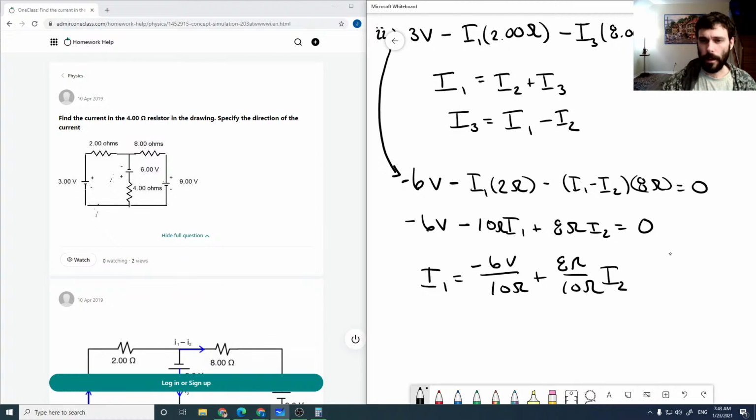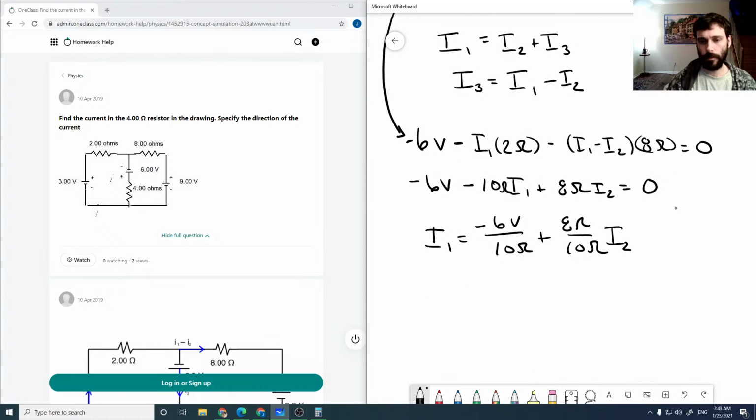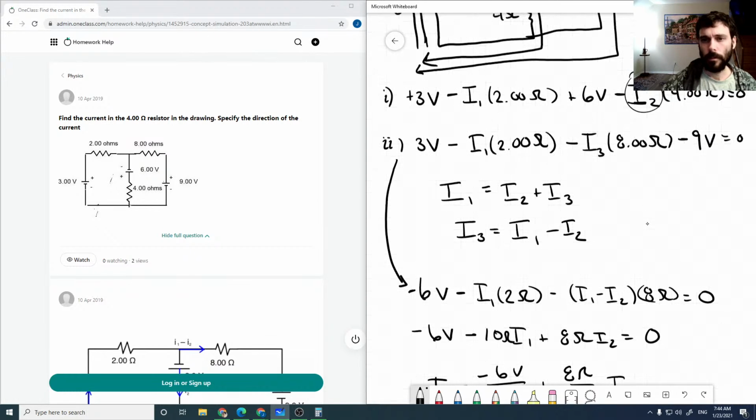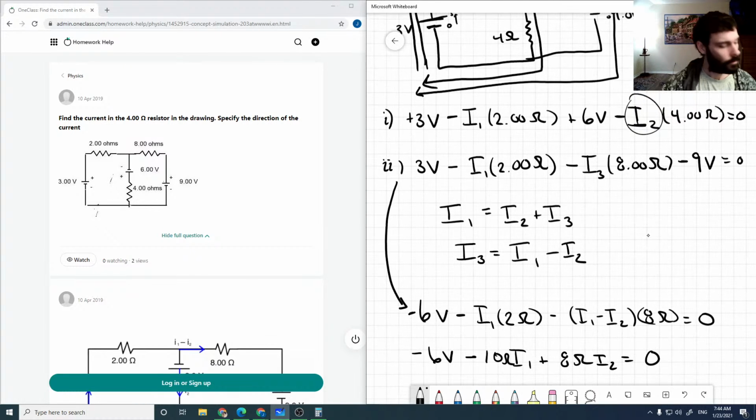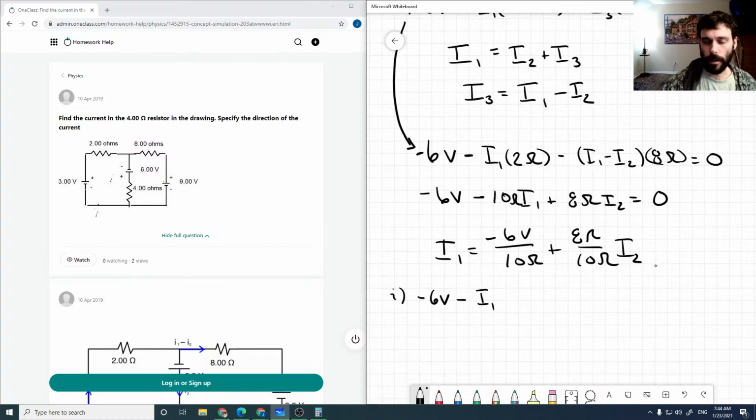Okay? And now we can plug this into our first equation. So our first equation was, just to rewrite it here, minus 6 volts minus I1. Was it minus 6 volts? No, it was 6 volts plus 3 volts is 9 volts, so plus 9 volts.